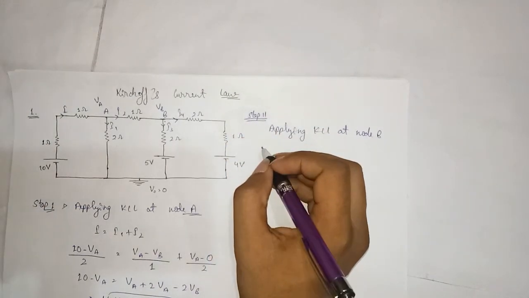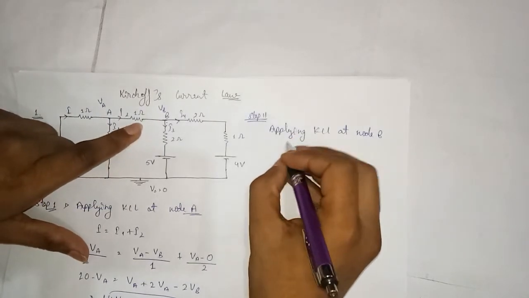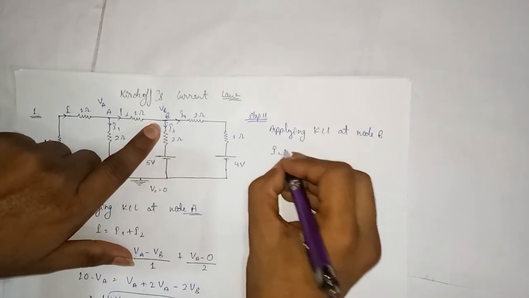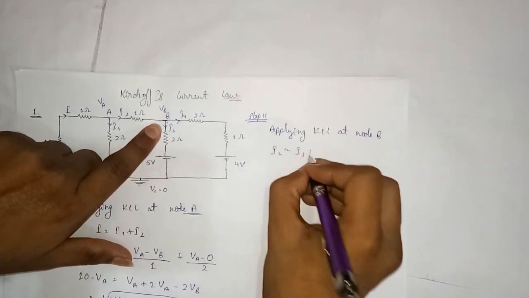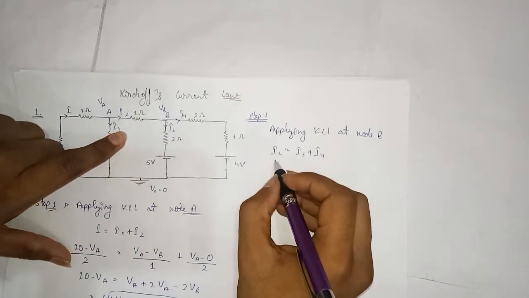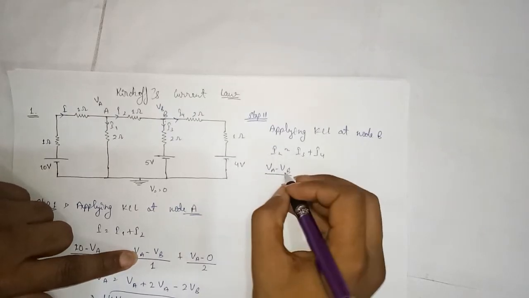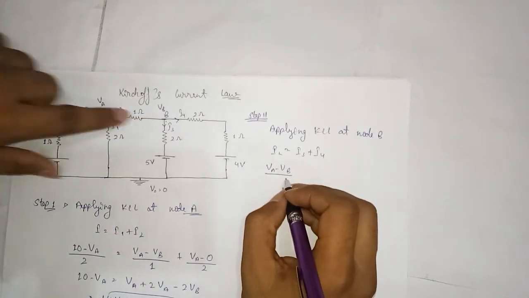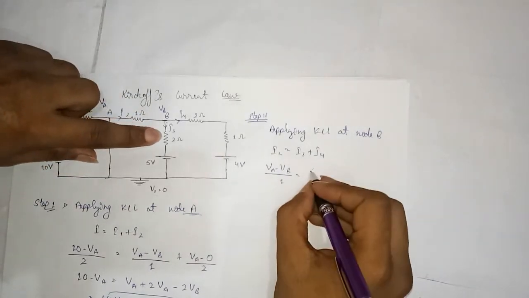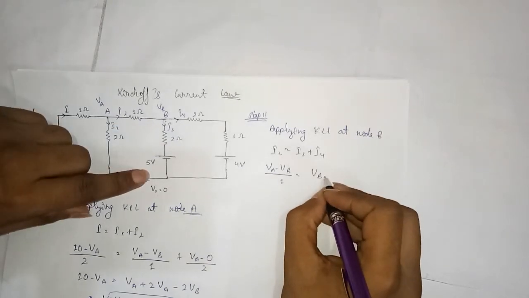Okay, so here we have I2 which is entering the node B, is equal to I3 plus I4, and we already found that I2 is VA minus VB upon 1, is equal to I3, which is equal to 2 VB minus 5 upon 2.